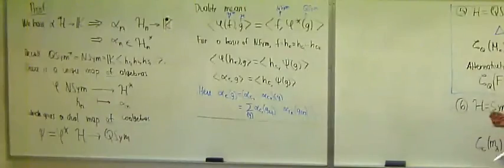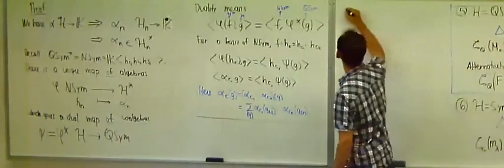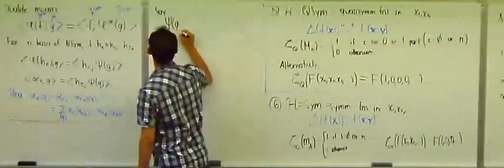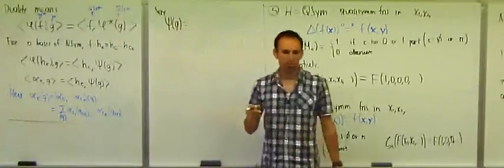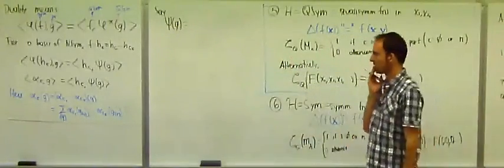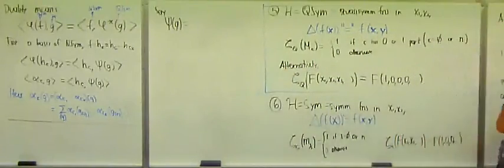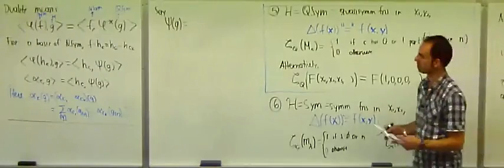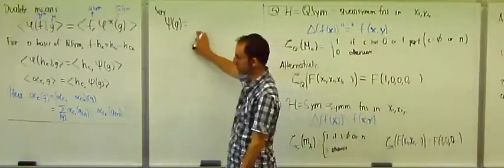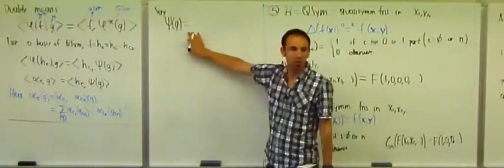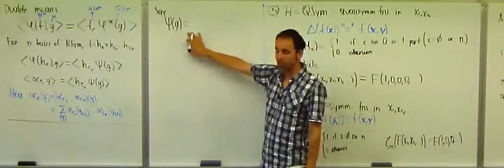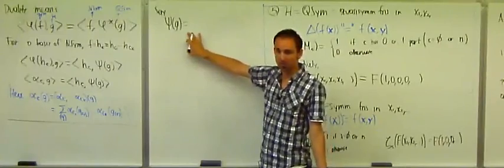So for C of G. C of G is what? Well, remember, C is supposed to send an element of my Hopf algebra to a quasisymmetric function. Okay, so C of G is a quasisymmetric function. It lives in QSYM, and so let's say that I write it in terms of a basis.